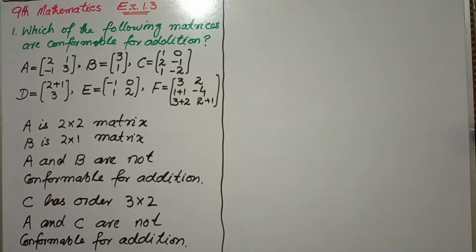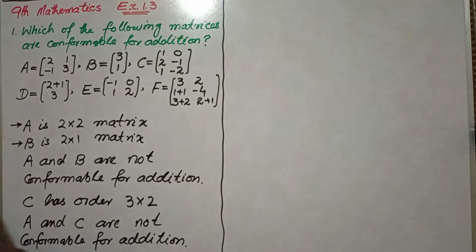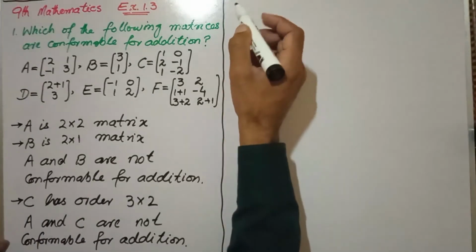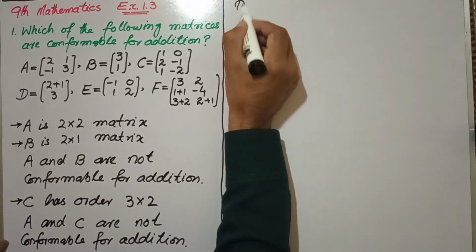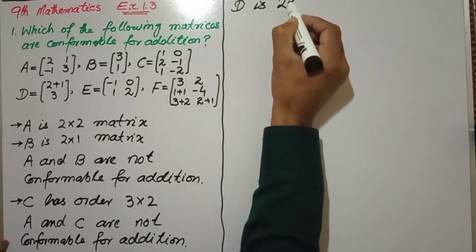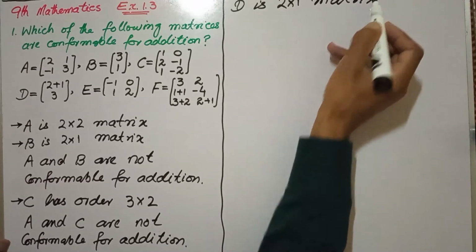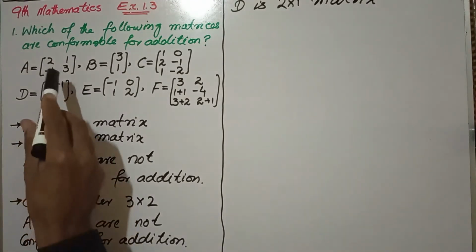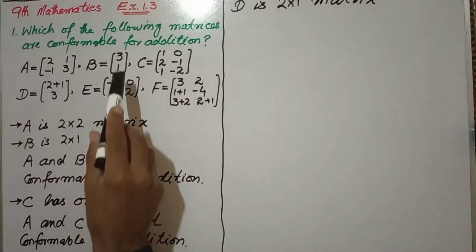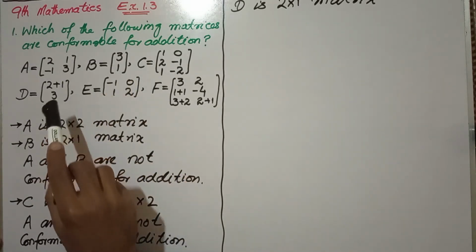Now we check whether the matrices A and D can be added or not. Here we have the matrix A order, the matrix B order, the matrix C order, and then D is of order 2 cross 1 matrix. We see that A and D cannot be added, but the order of matrix B and the order of matrix D are the same.